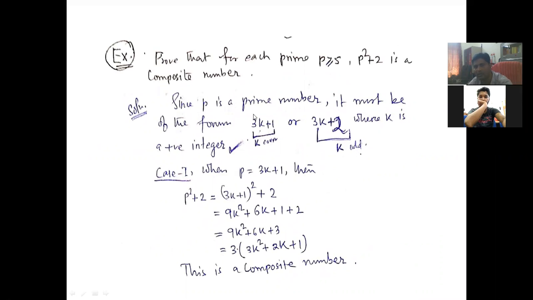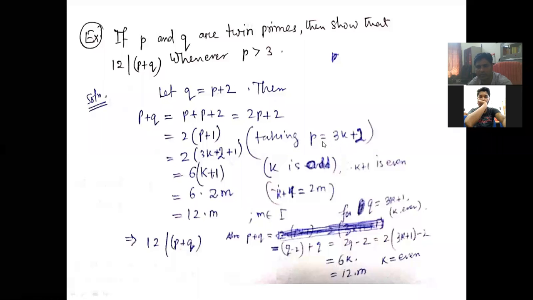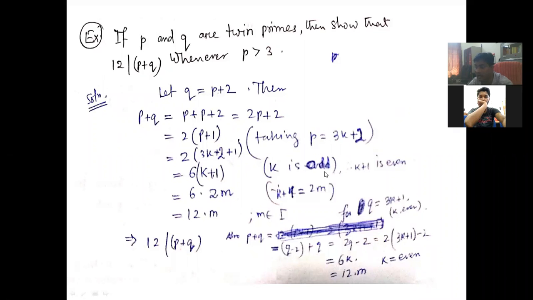And when you are taking 3k plus 1, then you have to put k even. So here we are taking 3k plus 2, means we are taking k as odd for getting our prime. ये number जो है, this is a prime when k is odd. When k is even, this number will not give you prime. So k must be odd.